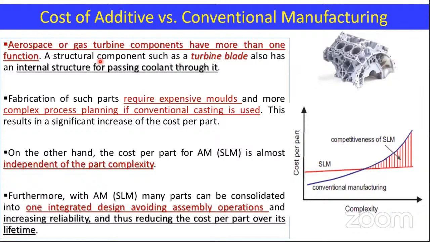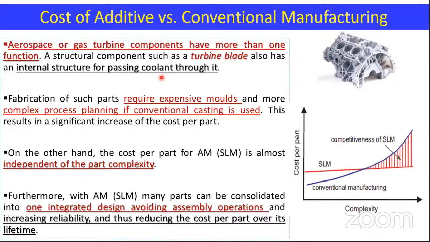For example, if we look at the turbine blade, if we can have internal structures or cooling holes, then we know that the turbine blade, when operating at high temperature, would be subjected to creep-associated damage, and that damage can be mitigated by having internal structures in the form of cooling holes. Then we can increase the life of such turbine blades, right?